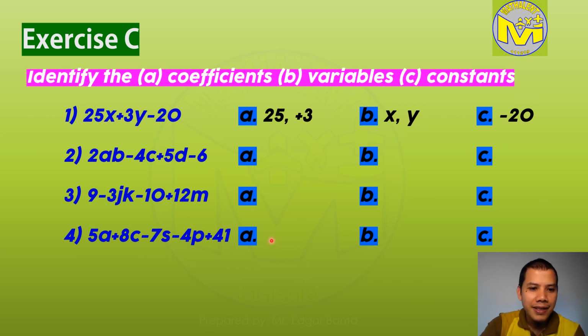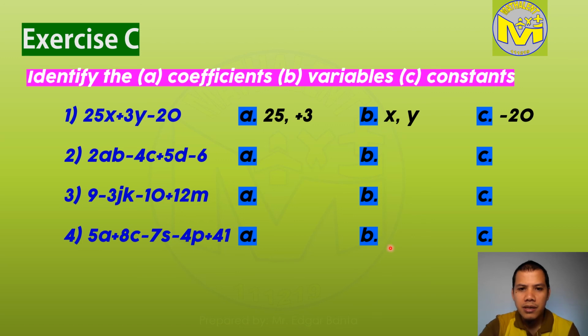Let's see. So what are the answers in letter A? We have 5, plus 8, minus 7, and minus 4. So in letter A we got 5, comma, plus 8, comma, minus 7, comma, and minus 4.